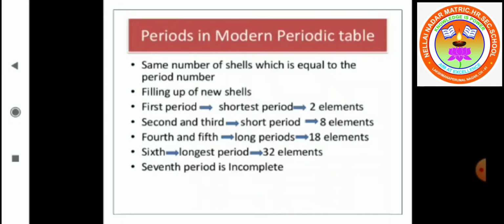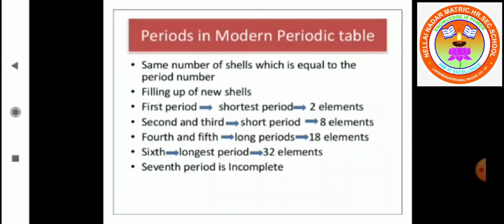Now the features of the modern periodic table are summarized. The number of shells is equal to the number of the period. See, if we are telling the first period, it consists of only one shell, one orbit, K shell, L shell, M shell, N shell, like that in lower classes we have studied.